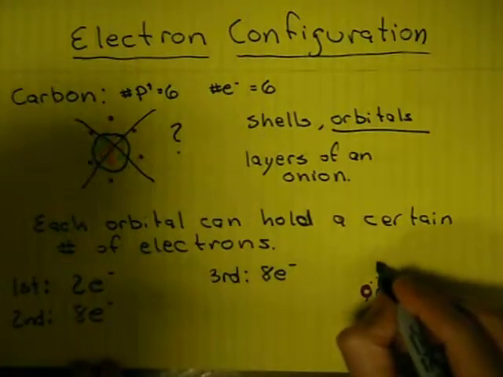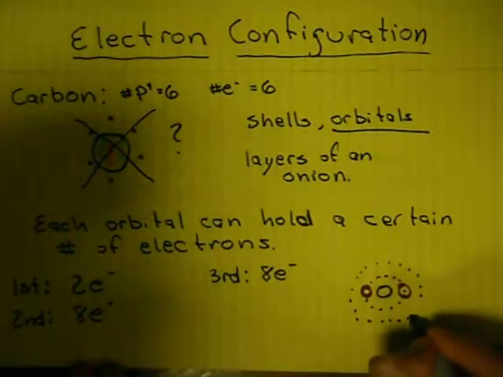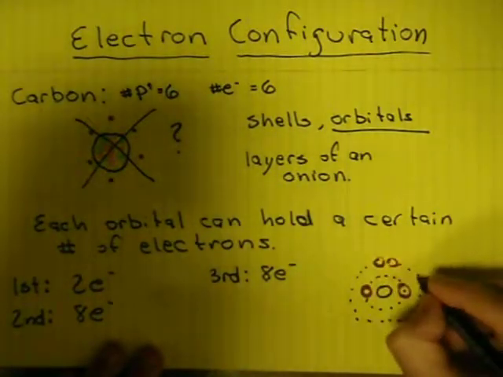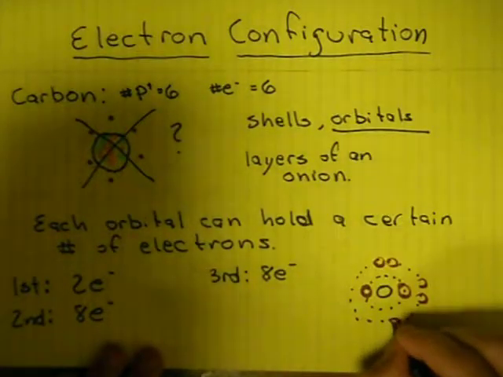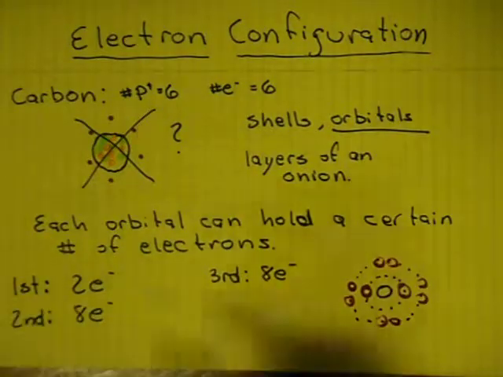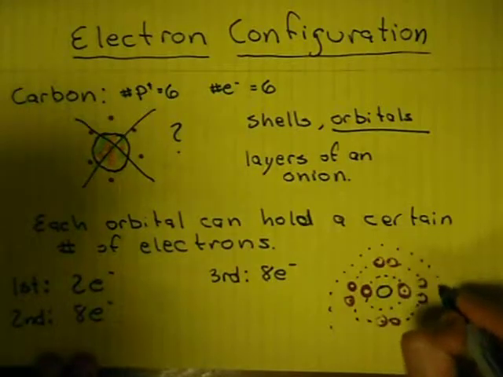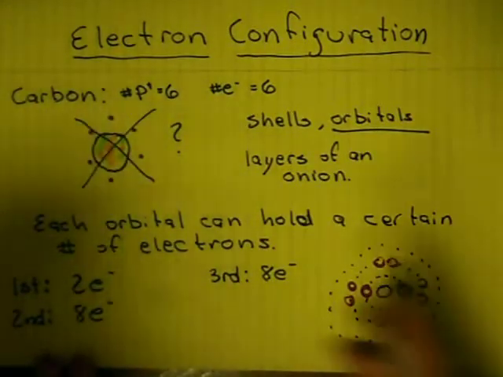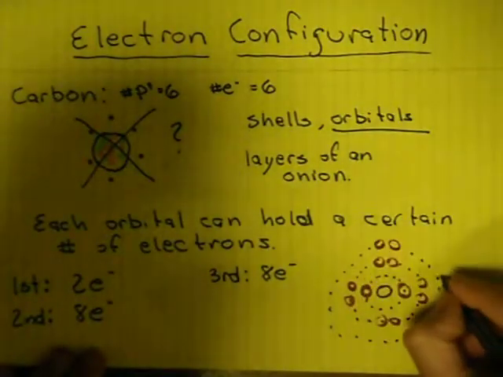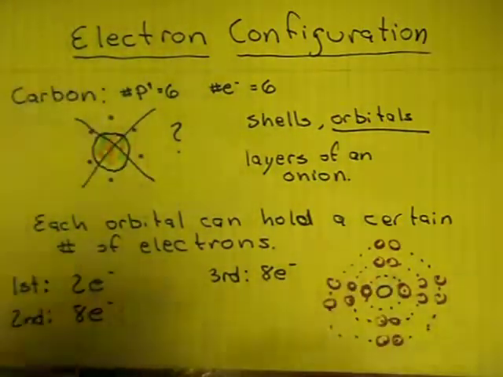In the second orbital, the second layer, the second shell, we've got 1, 2, 3, 4, 5, 6, 7, 8. And then if we look at this third layer going further out, we've got another 8. 1, 2, 3, 4, 5, 6, 7, 8.